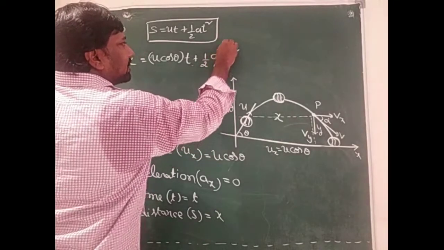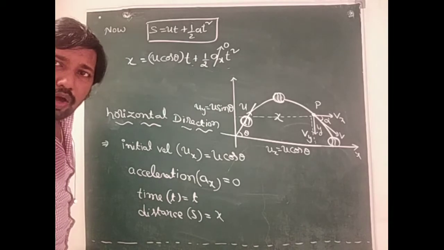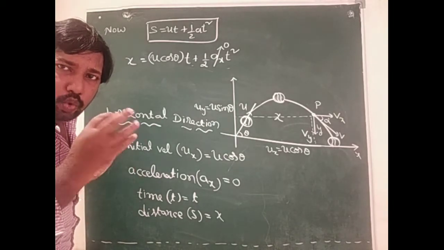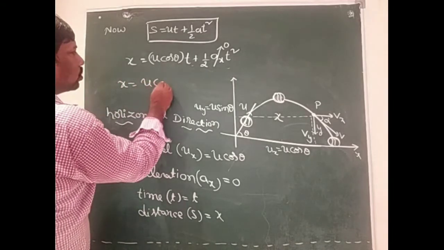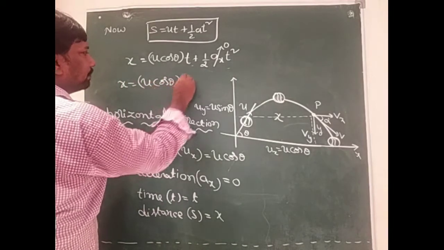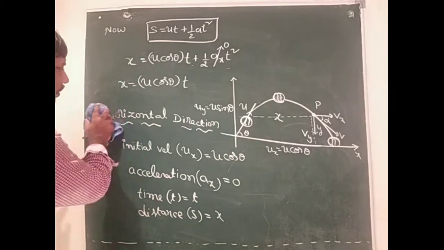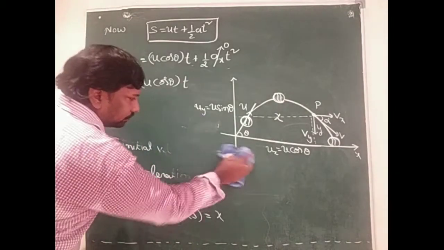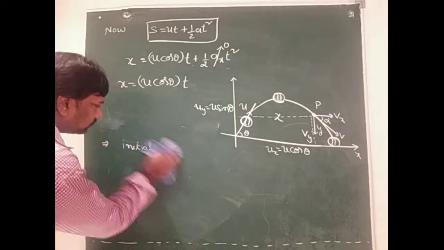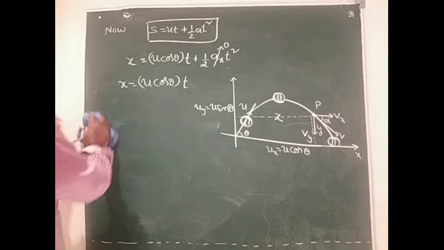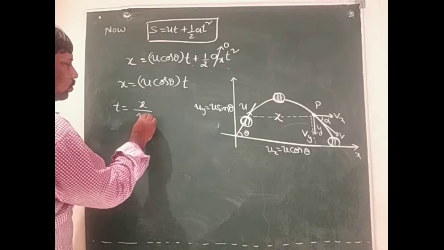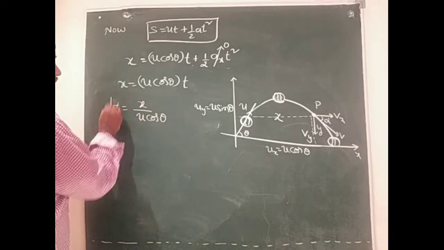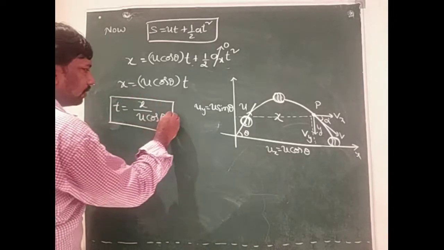Here ax equals 0, as along the horizontal direction there is no acceleration. Therefore x equals u cos theta into t. Therefore t equals x by u cos theta. This is equation number 1.